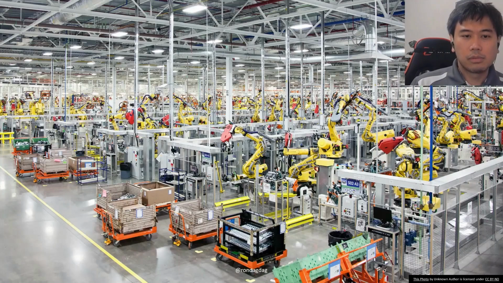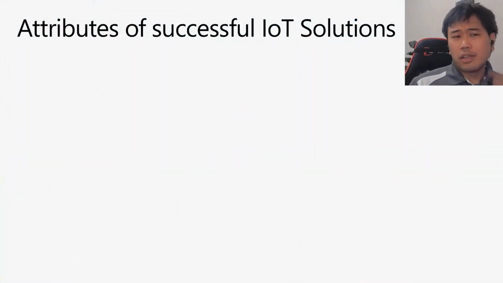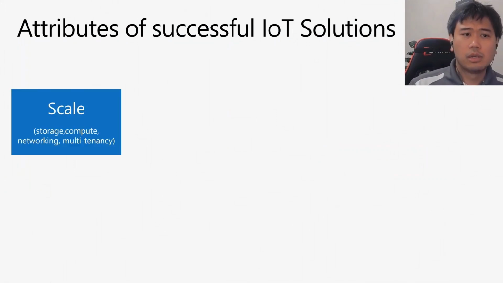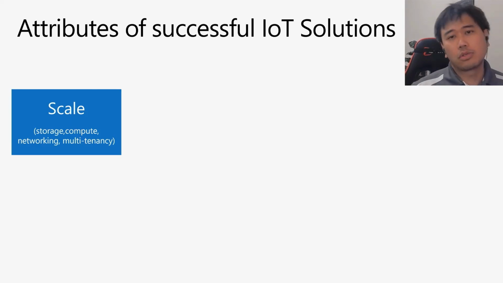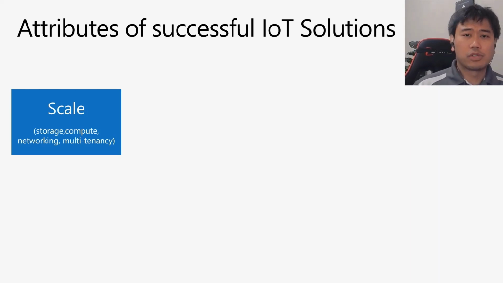And so, what are the different attributes of a successful Internet of Things solution? One is scale, right? When you're building an IoT solution, you've got to make sure that the services that you use in the cloud can scale, not just storage. Sometimes it's compute, sometimes networking, even multi-tenancy, because you may have multiple systems.